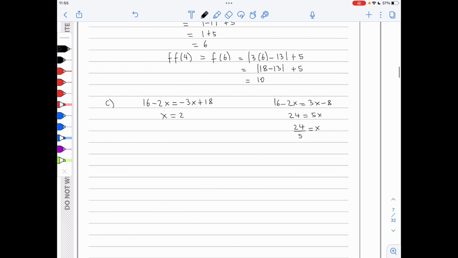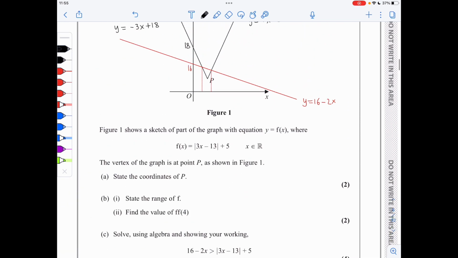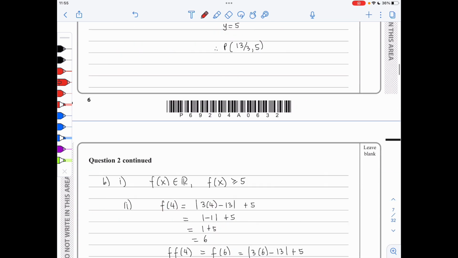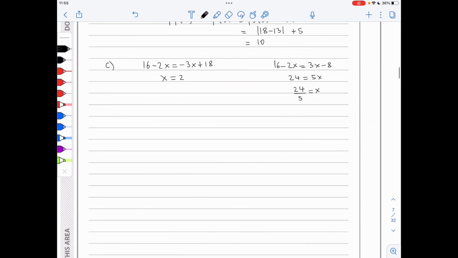So going back to the graph once more, we want the straight line to be greater, so above the graph drawn, so we want to be in between the two values. This was the 2, this was the 24/5, and therefore we conclude that we need to be between 2 and 24/5.